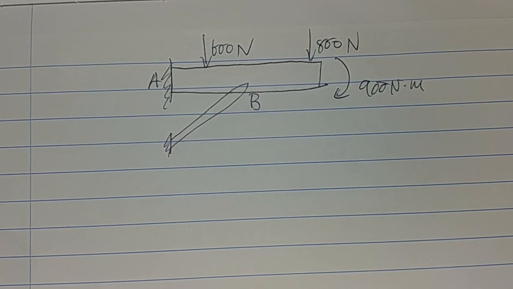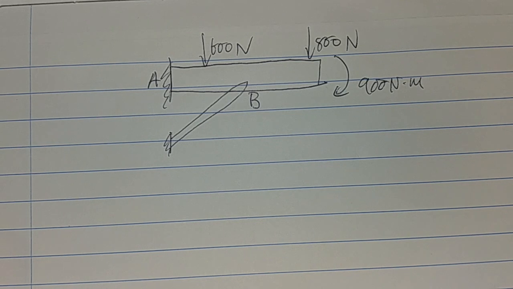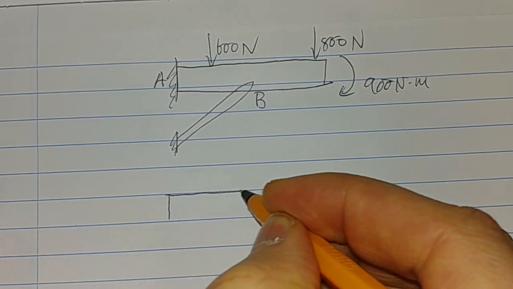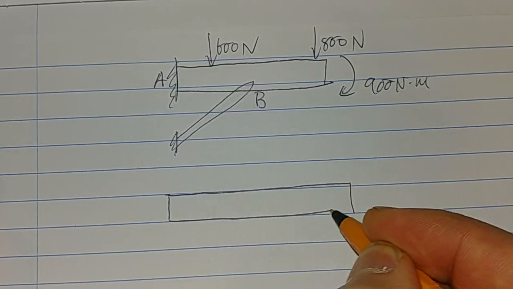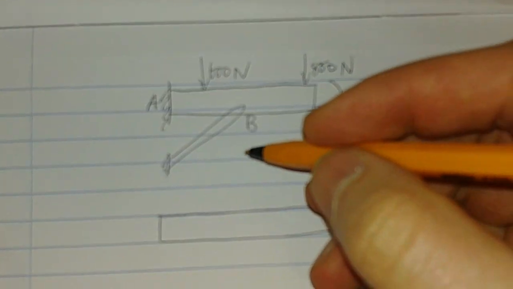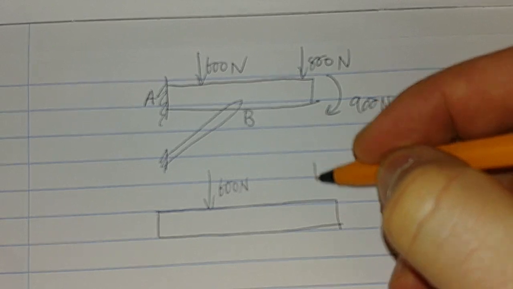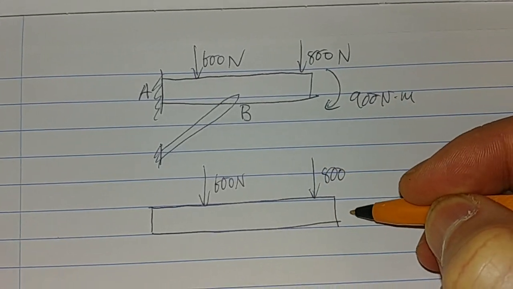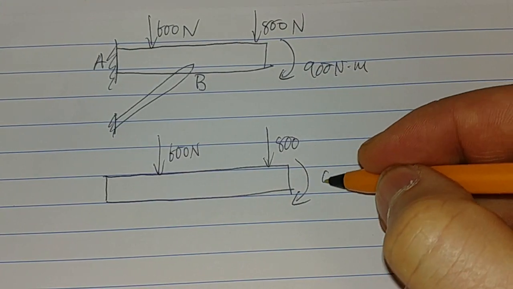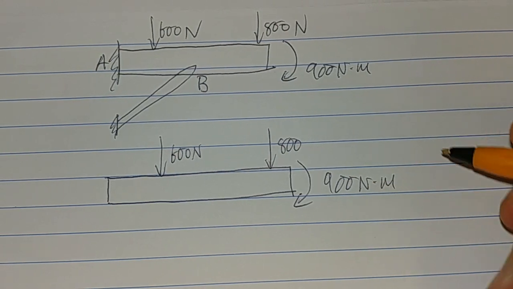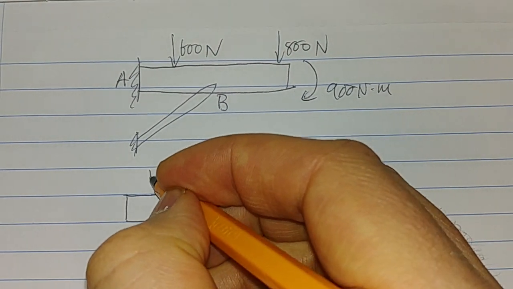Okay, so how do we solve this problem? Well, let's draw a free body diagram of this beam at the top. Okay, we've got our 600 here, we've got our 800 here, we've got a 900 Newton meter here, and this is 1 meter.